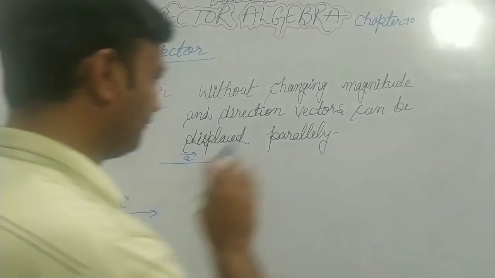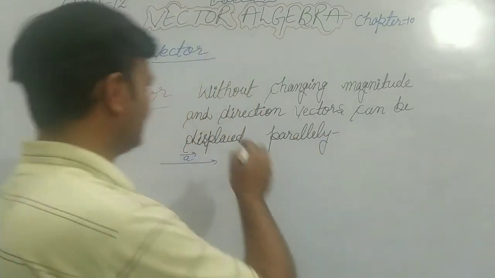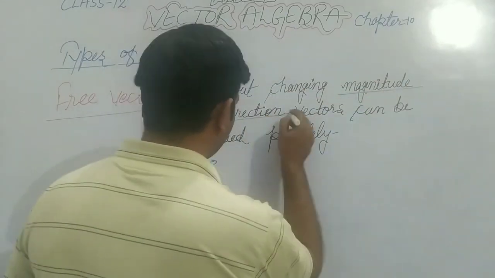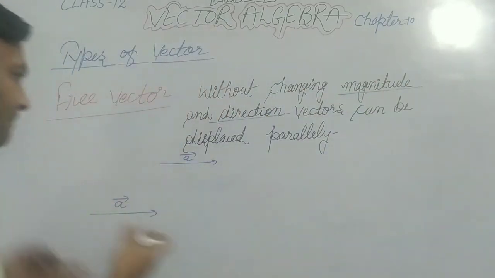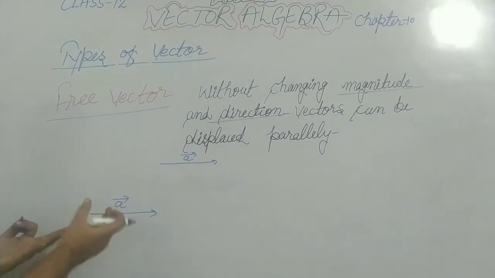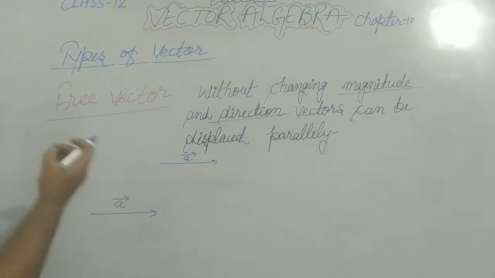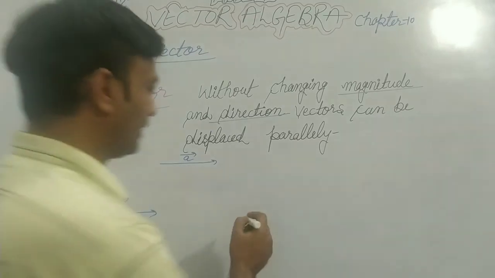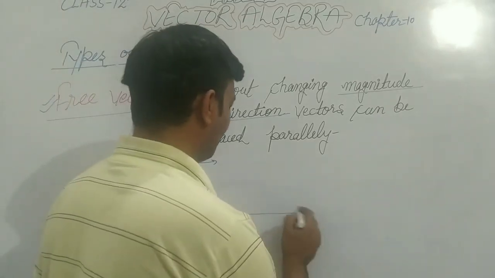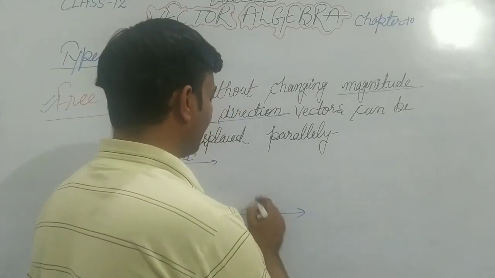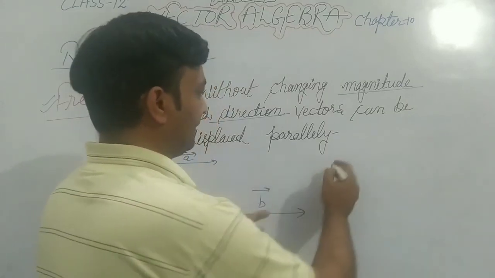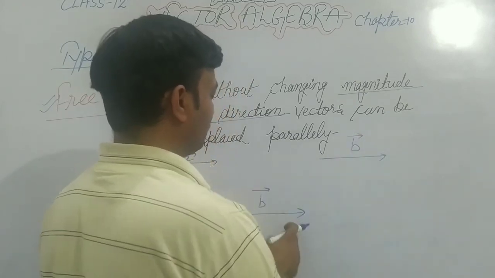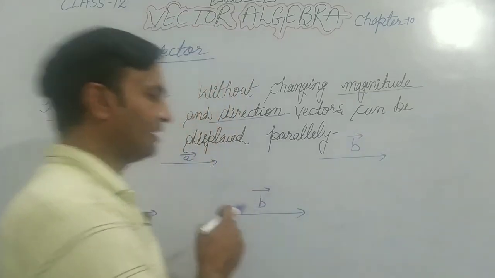Free vector is nothing but, without changing magnitude or direction, displacing the vector parallelly, then that vector is known as a free vector. We can take one more example. We have B vector and we displace it parallelly, so we will get another vector. So we can say vector B is a free vector.